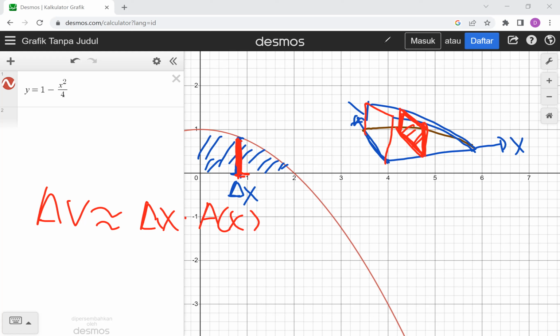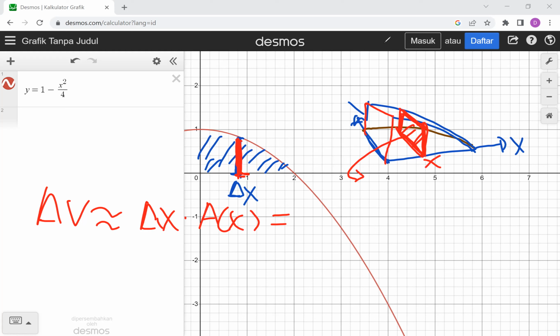Of course, the area of the square here should be the square of its side length.